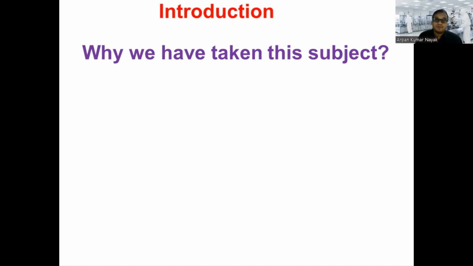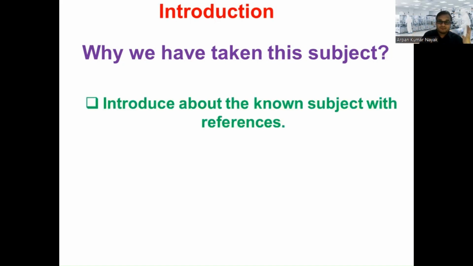Means what we have to explain in this? As I mentioned earlier, what is known about this subject, that we have to present. And whenever we present, we have to put the references.